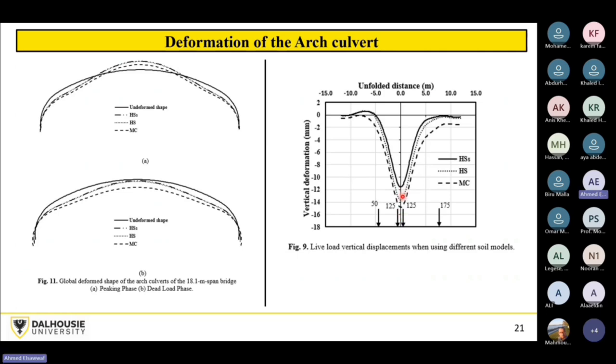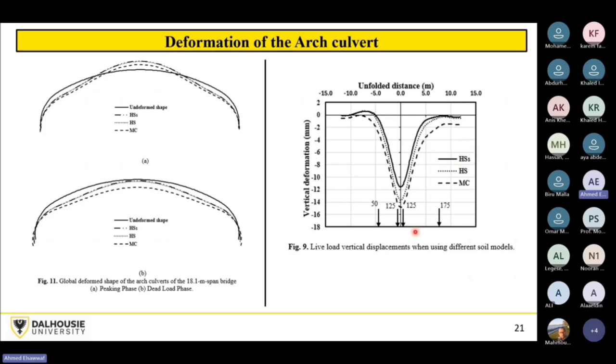There is some level of error between the HS and the HSS model, and this is easily attributed to the incorporation of the large shear modulus at small strains in the HSS model.